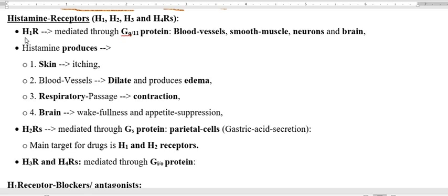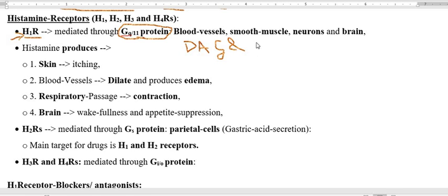In the same class, we already discussed that when histamine attaches to the H1 receptor, which is actually a G protein coupled receptor, the Gq/11 protein gets activated, and consequently Gq activation gives rise to the second messengers DAG and IP3, inositol triphosphate.